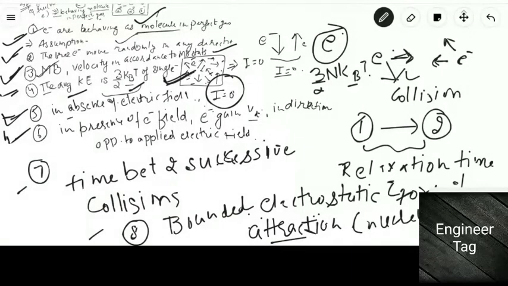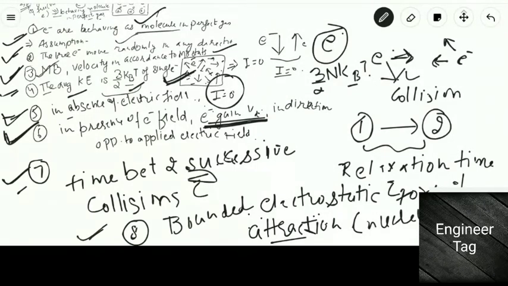Next assumption was that when we apply an electric field, the electrons will drift towards the positive terminal of the battery. The seventh one is that there is a relaxation time between two successive collisions, named tau, that is the relaxation time.